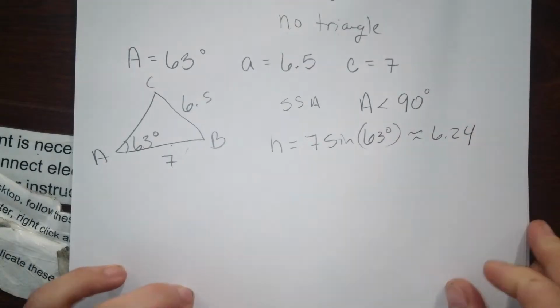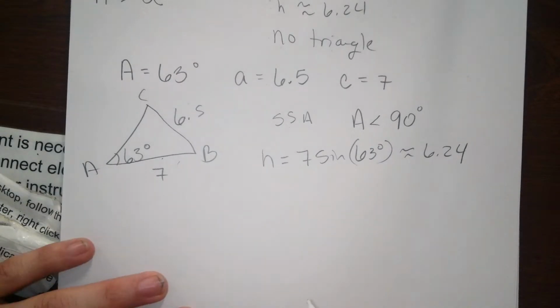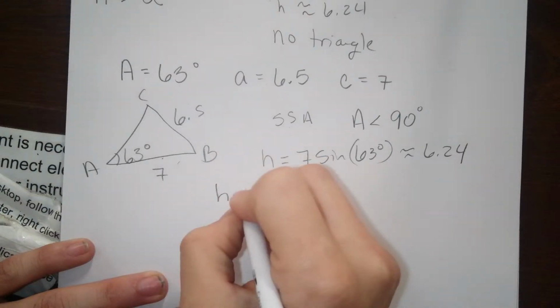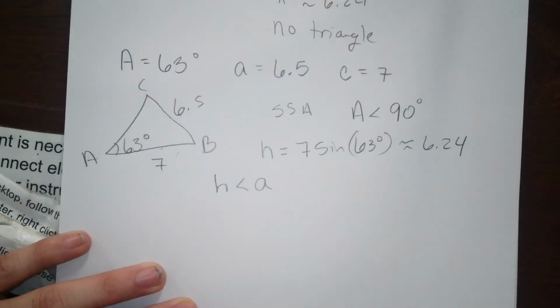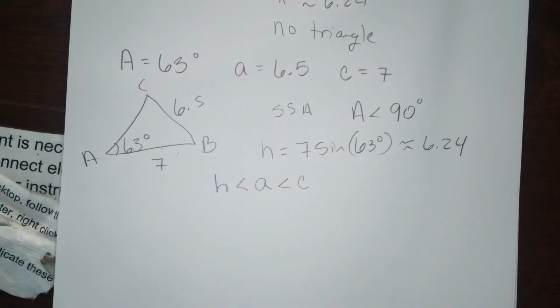Okay. All right. So now I got to make comparisons, right? And they're all listed out for you on that flow chart. And it's all based off of the side that corresponds to the given angle, which is what? Smaller, so 2 triangles. Right? So looking at 6.5 and looking at my height, the scenario that I have is my height is less than the side that corresponds to the given angle, and that side is smaller than the other side.